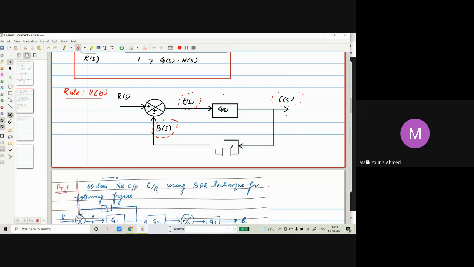Let's say it's a unity feedback now. Unity feedback means there is no feedback H of s, H of s is equal to 1. If H of s is equal to 1, the name given in the literature is a unity feedback loop.